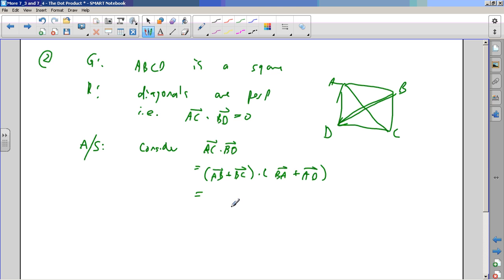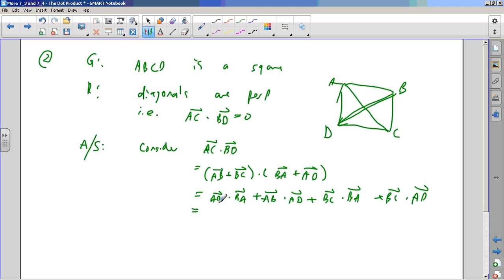And then I'm going to distribute again. Same trick. And what's going to happen? Do you see how stuff is going to cancel out and be 0? Yeah, it's going to. There. AB dot AD. Remember, we are given that this is a square. And then BC dot BA plus BC dot AD.